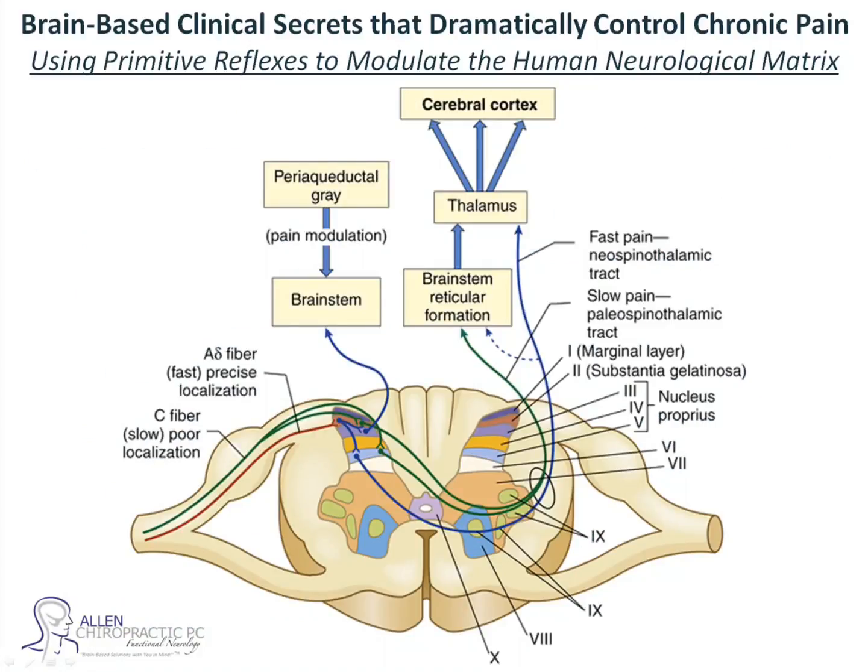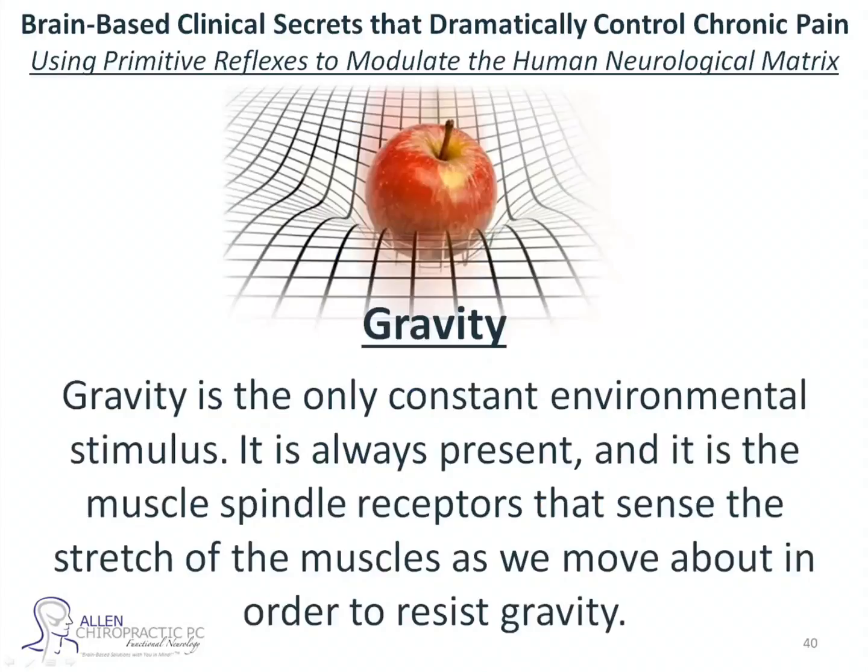Here's a schematic of the dorsal horn and the reception of C fibers and A delta fibers into the Rexed laminae 2, 3, 4, and 5, the substantia gelatinosa and nucleus proprius, how those signals decussate to the contralateral side and rise to the brainstem reticular formation, to the thalamus, and ultimately the cerebral cortex, and then the outflow there through the periaqueductal gray causes modulation of the pain, especially in the brainstem, and pain is controlled. Well, we're going to talk about a little different idea there in the dorsal horn in just a minute.